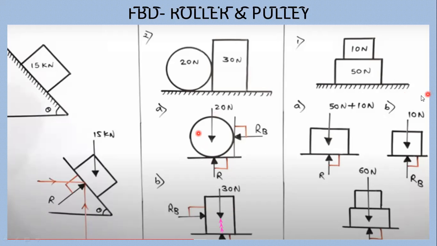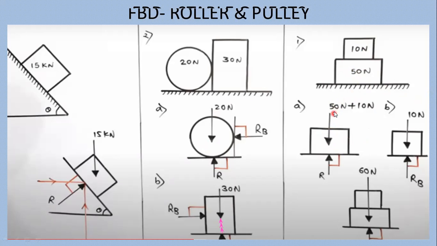Now again consider the last, third FBD, the 10 Newton object and 50 Newton object. The 10 Newton object is resting over the 50 Newton object. So while drawing the 50 Newton object FBD, you have to draw the 50 Newton object and show the forces acting on it. One force is its self weight and another force is the 10 Newton force, which is also acting in the downward direction.